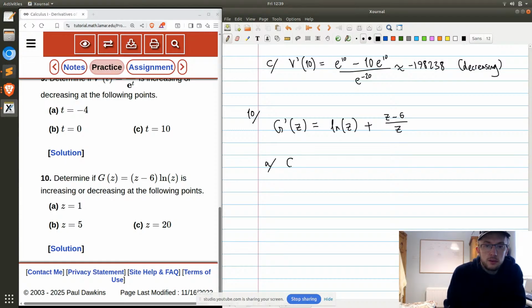And at 1, that'll be negative there for sure. And ln of 1, to what power must e be raised to get 1? The answer is 0. So 0 plus 1 minus 6 is minus 5 over 1.